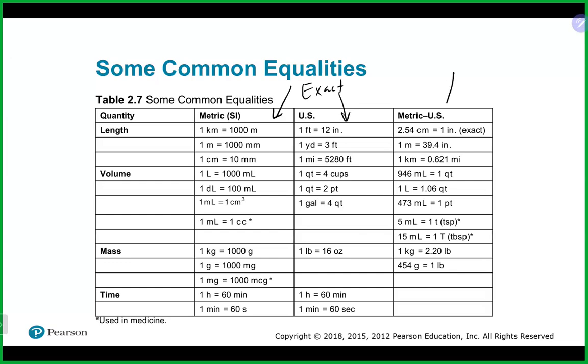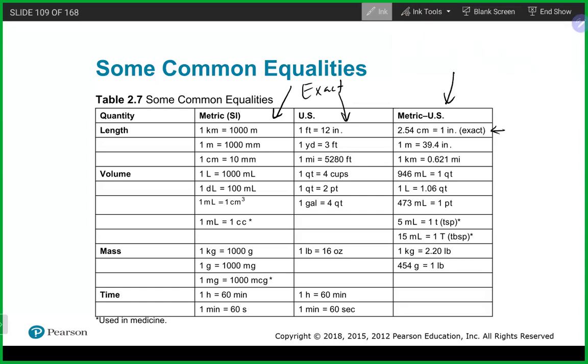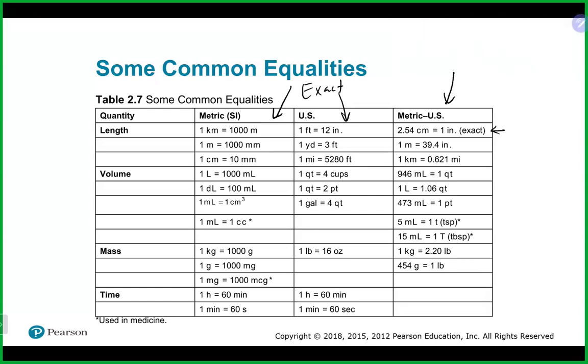If you pull from this column where we're crossing over from metric to US, that is the column where you do need to look at the numbers that are in there, except for this one, right, which is considered an exact. So once again, when you go down this column and use them to count significant figures, you would always want to look at the actual number, not the one part of it.